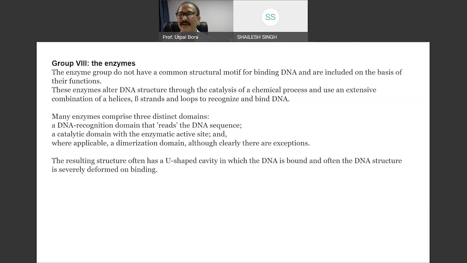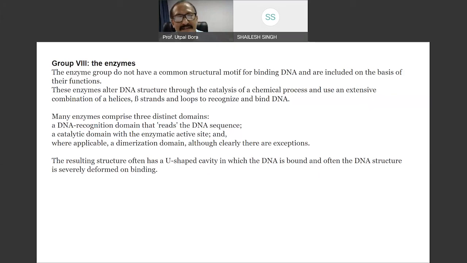These enzymes alter DNA structure through the catalysis of a chemical process and use an extensive combination of helices, beta strands, and loops to recognize and bind DNA. There is no common structural motif, nor any common mechanism. They may deploy alpha helices, beta strands, or loops to bind to the DNA. So enzymes bind to DNA by all types of available means, right?